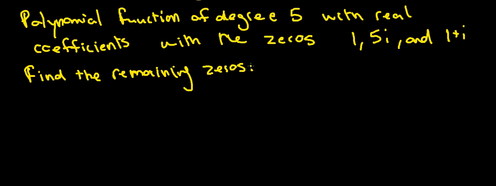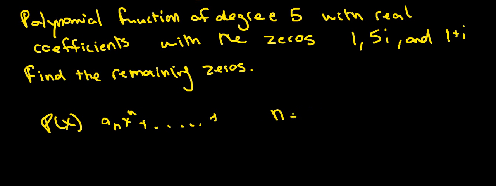So first off, we need to figure out how many zeros we're going to have. According to the fundamental theorem of algebra, a polynomial p of x, in the form of an x to the n plus all the other stuff, has n solutions.